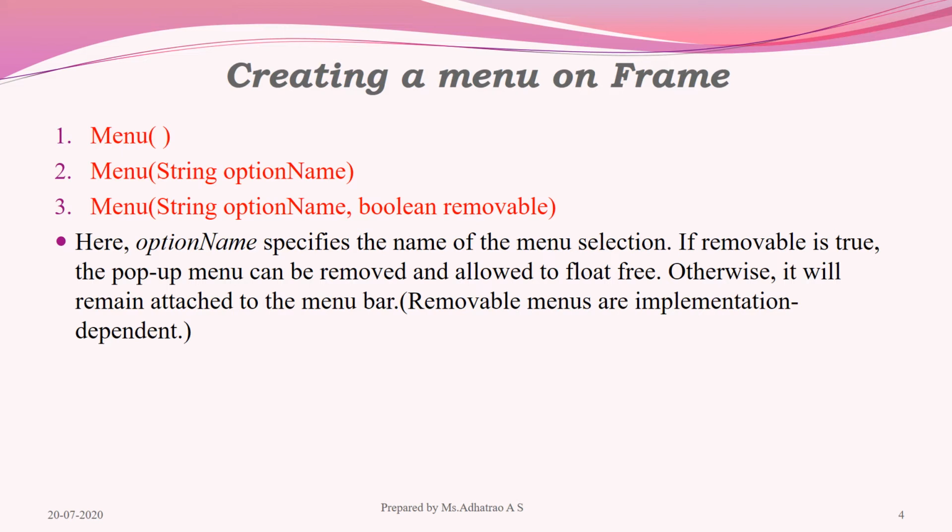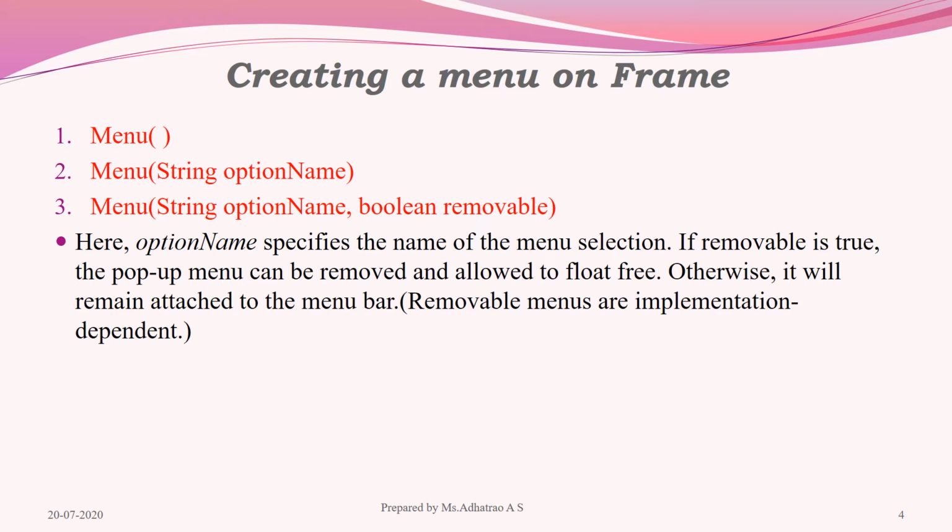Here, option name specifies the name of the menu selection. If removable is true, the pop-up menu can be removed and allowed to float free. Otherwise, it will remain attached to the menu bar. Removable menus are implementation dependent.